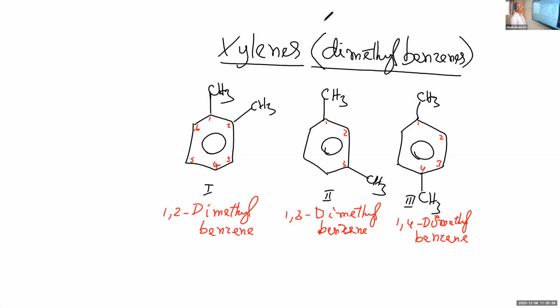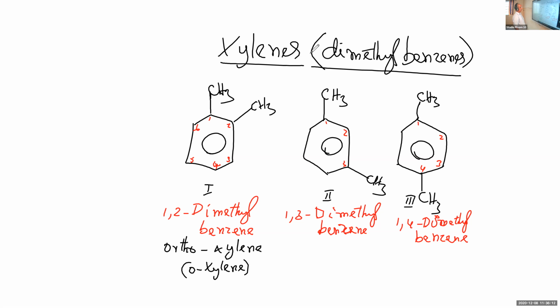And these are the IUPAC names of the various isomers of xylene: 1,2-dimethyl benzene, 1,3-dimethyl benzene, 1,4-dimethyl benzene. In the common system, the first one is called orthoxylene. We can write it as small o hyphen xylene.